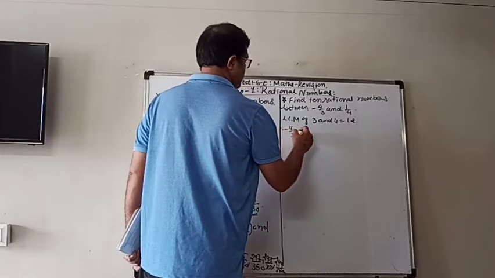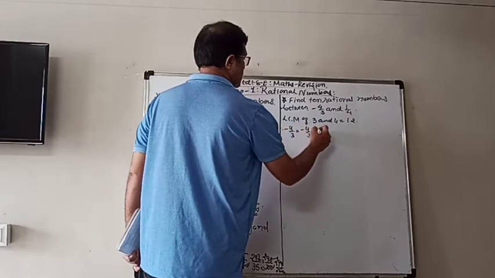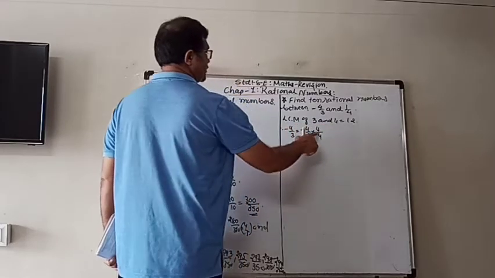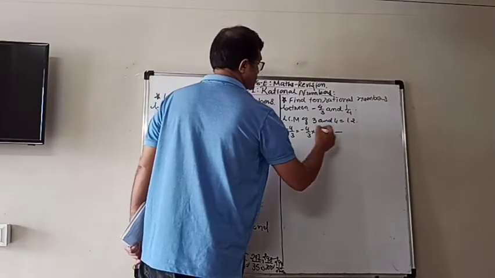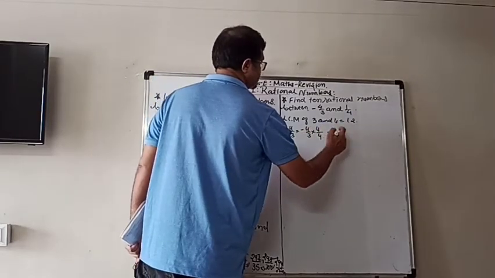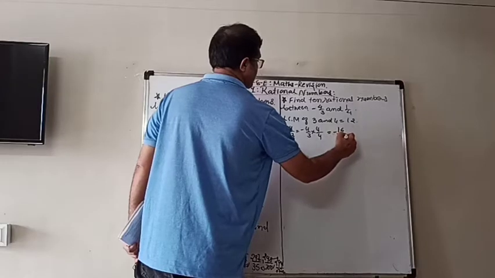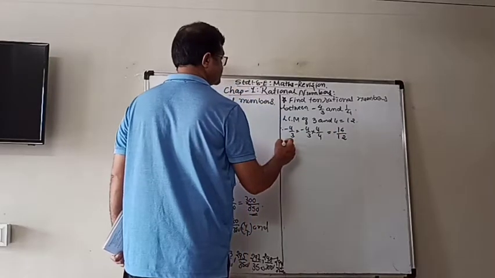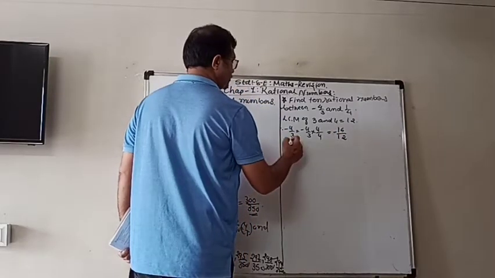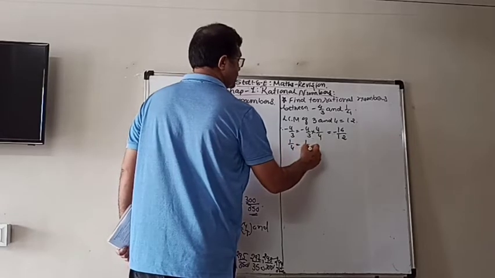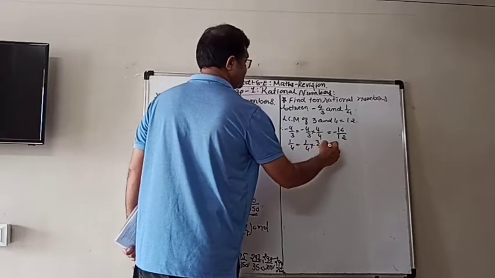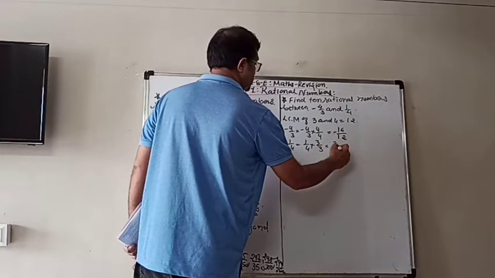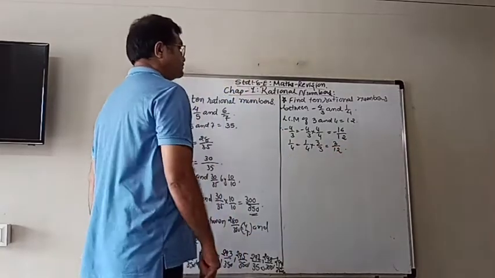Therefore minus 4 by 3 is equal to, we have to multiply by 4 upon 4 to make 12, so minus 16 upon 12. And 1 upon 4, we have to multiply by 3 upon 3, so it is equal to 3 upon 12.